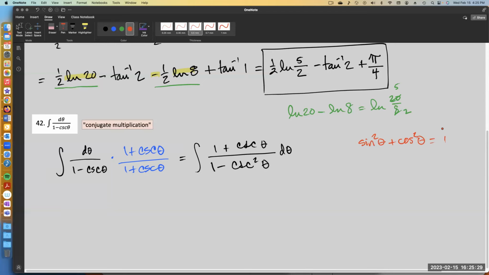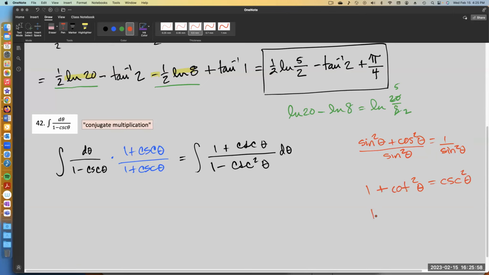Cosecant is 1 over sine, so we divide everything by sine squared. On the left, you end up with cosecant squared, and on the right, you split the fraction: sine squared goes into sine squared once, and the other side gives you cotan squared. So there's the Pythagorean identity that relates cosecant and cotangent.